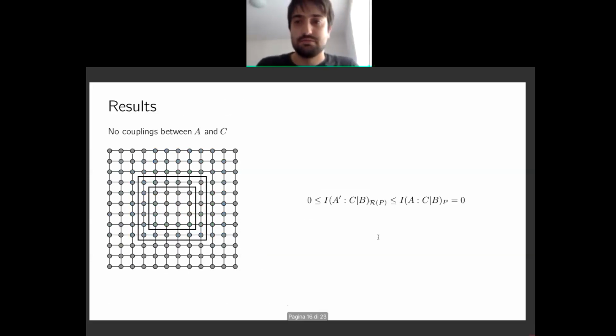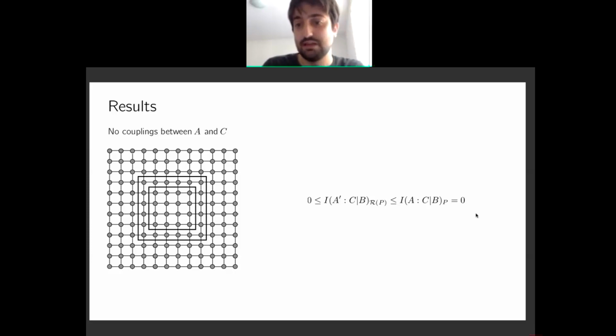And so our main results fall out of this pretty quickly. The first result is that there will never be any couplings introduced between the central renormalized block and the faraway environment, so A and C, and this is a simple consequence of the data processing inequality. We start from a Gibbs state, so this must be zero initially, and we apply our map to the block.